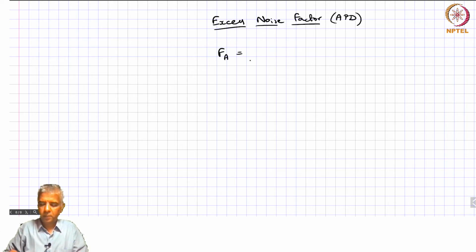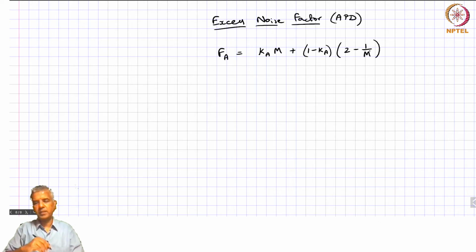There is actually an empirical relationship connecting this excess noise factor to the avalanche gain, that multiplicative gain given by M. So it's FA equals Ka multiplied by M plus (1 minus Ka) multiplied by (2 minus 1 over M). So that's an empirical relationship that we have for the excess noise factor.